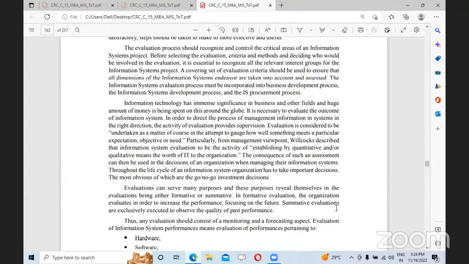The consequence of such an assessment can then be used in the decisions of the organization when managing that information system.